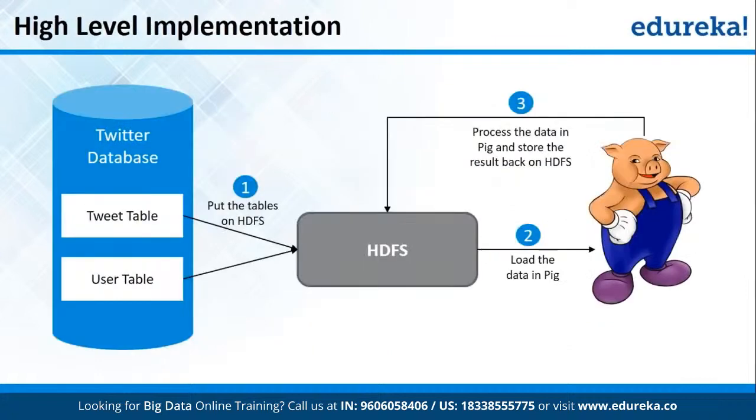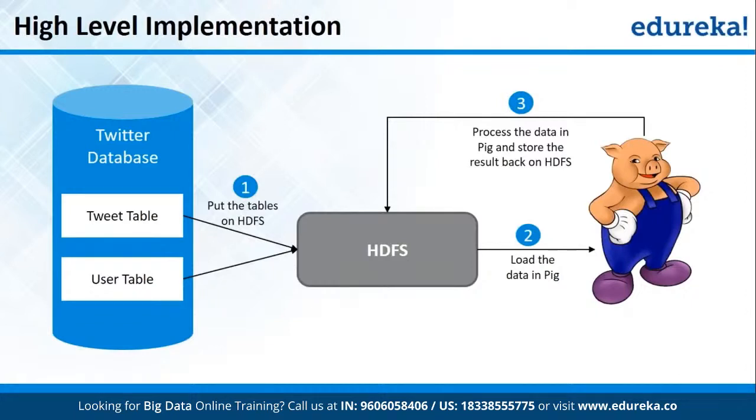So now let's move on and understand the high-level implementation of the architecture they implemented using Hadoop HDFS and Apache Pig. At Twitter, they had a database with many tables in which the archived data was stored. The insight that we want to extract is related to two particular tables, that is the tweet table and the user table.